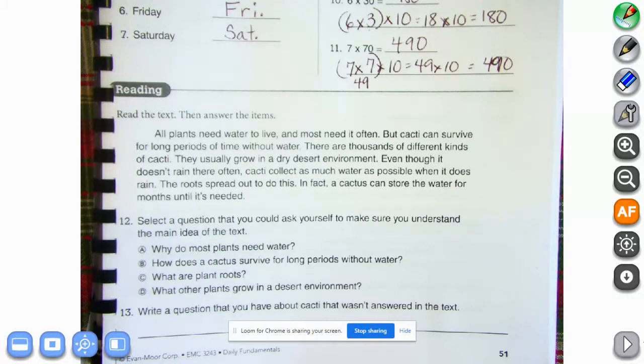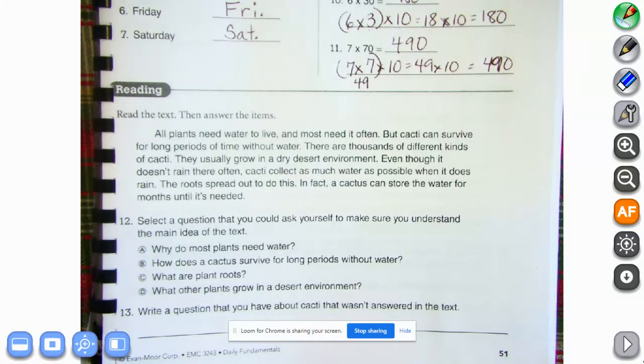Why do plants need water? How does a cactus survive for long periods without water? What are plant roots? What other plants grow in a desert environment? Number 13 says, write a question that you have about cacti that wasn't answered in the text. All right, so let's go ahead and read the text one more time.